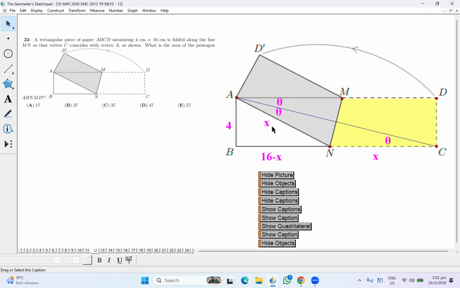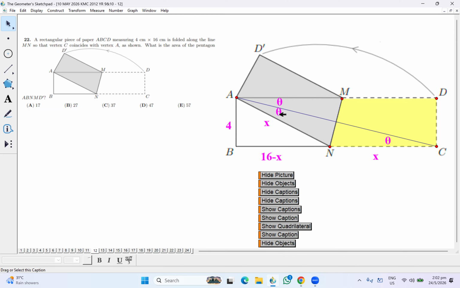Because we know AN is X, then we know the two angles are equal. Isosceles triangle. Then the rectangle must have parallel sides. So alternate angle theta equals theta. This tells us that this triangle AMD is isosceles.